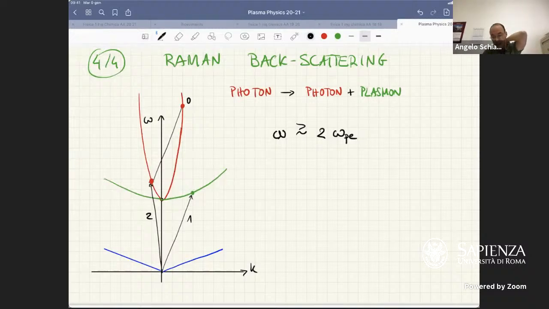And in this backscatter, we see that half of the energy, or actually a plasmon equal to h bar omega p, is given to the plasma, and then the other part of the incoming photon energy is reflected back.